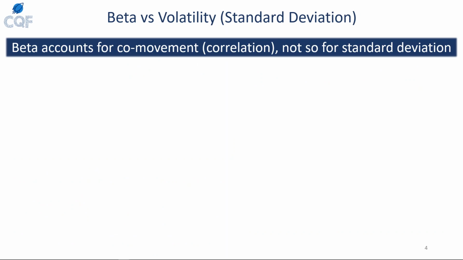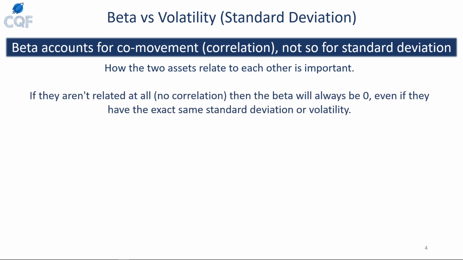So what about beta versus volatility or standard deviation? A lot of people talk about standard deviation, which is an incredibly important risk metric by itself. The key difference is that beta accounts for co-movement or correlation. How the asset and the benchmark relate to each other is incredibly important.